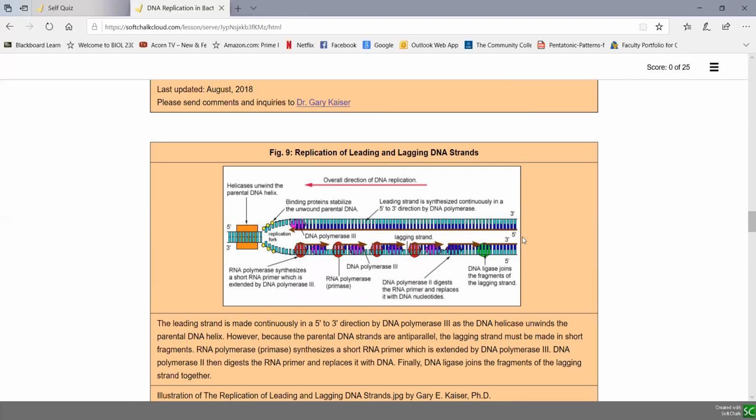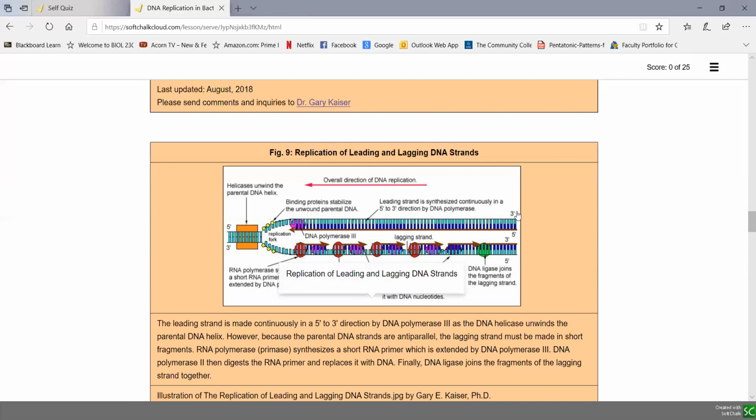Now, the helicase began here, so the replication fork, if we follow this strand, this top parent strand is running 3' to 5', meaning the last base here has an OH coming off the number 3 carbon, and the last base here has a phosphate coming off the number 5 carbon.